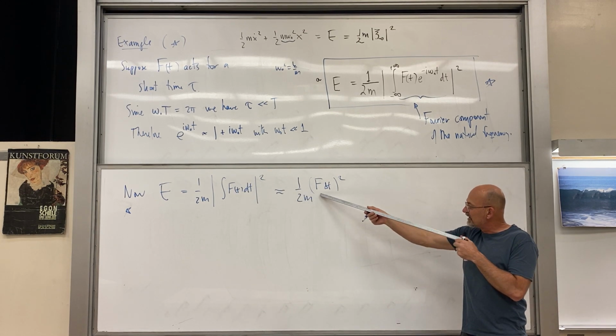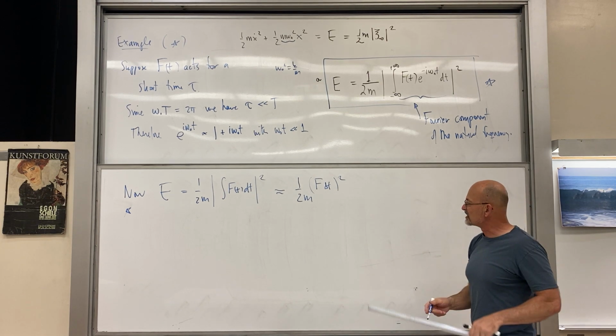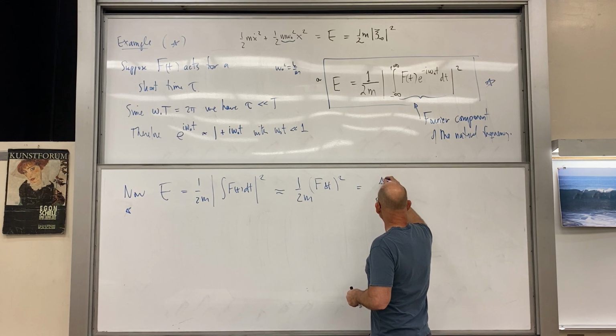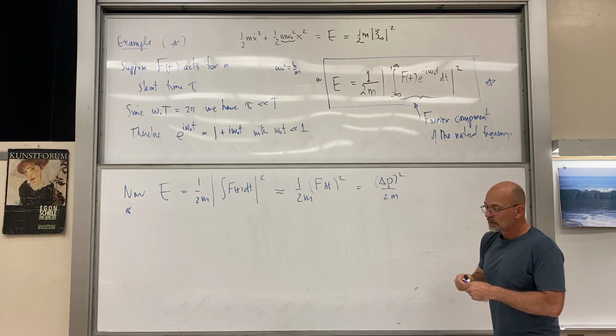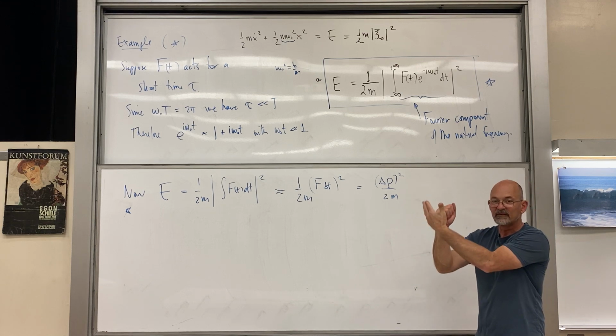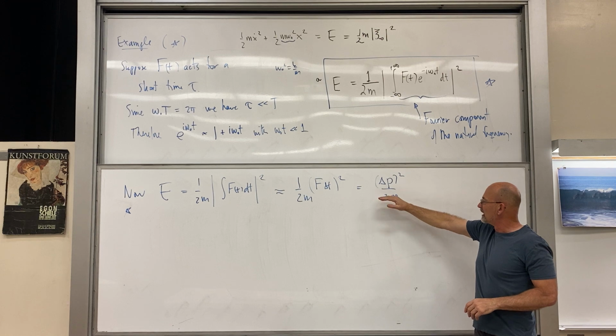But does anybody recognize f delta t? That's the impulse, that's the change of momentum. E equals delta P squared over 2m. So an impulsive force imparts, when something gets hit, that much change of momentum over 2m.